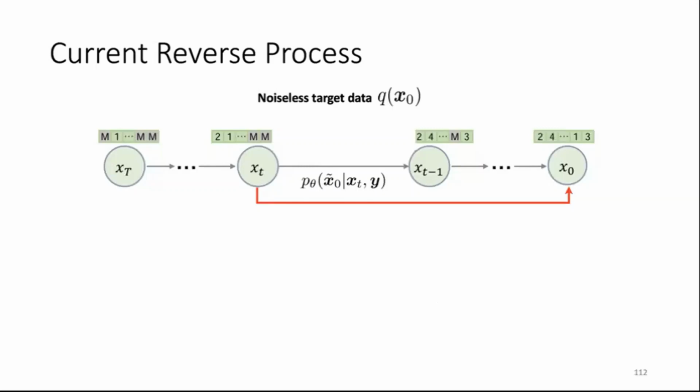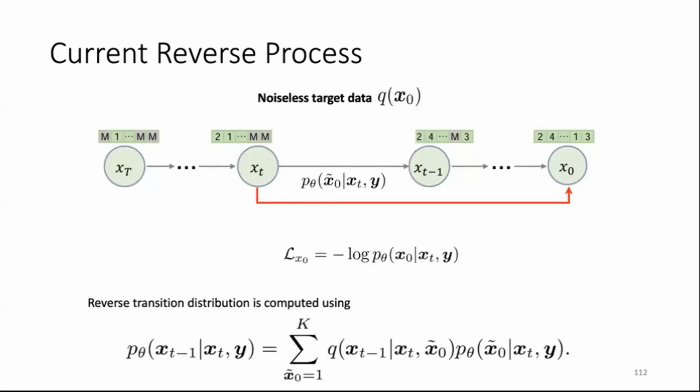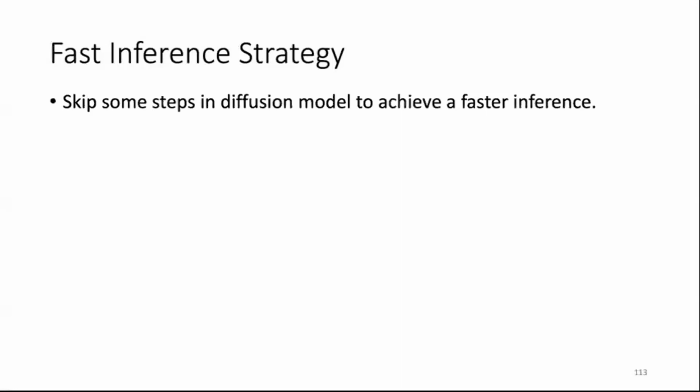So what they do is use a standard cross entropy loss to supervise this prediction, and then use this noiseless token to compute the reverse transition distribution. One more small trick introduced in this paper is fast inference, which says that some steps can be skipped in the inference procedure.